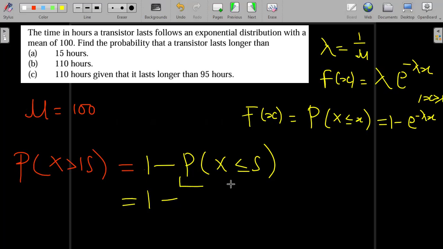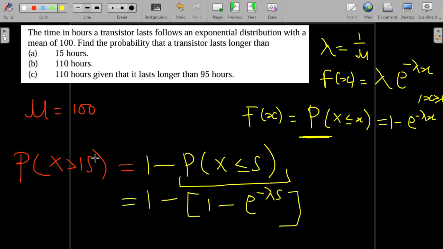So this part here defines the CDF of the exponential distribution, which is this guy here. If you have x less than a certain value, it's the same as 1 minus e to the power minus lambda, and then you put that value of x. So what is our lambda?